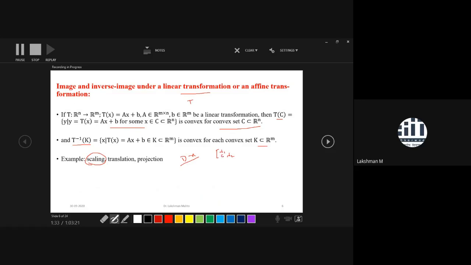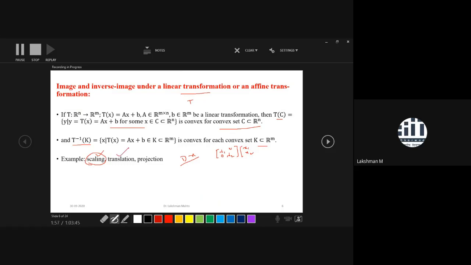So it just scales the coordinates of the vector. Whatever vector you take, it will scale the coordinates. It will not change the direction, it will just scale the coordinates. That's why a diagonal matrix provides a scaling. So under a scaling, if you find the image of a convex shape, it would be convex.